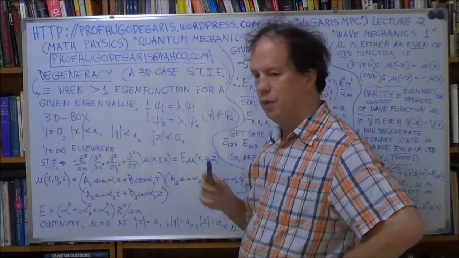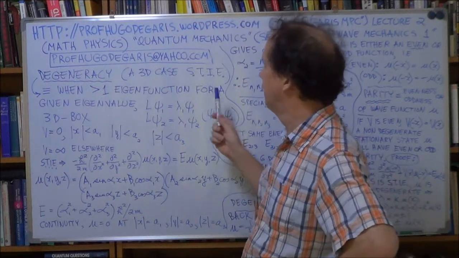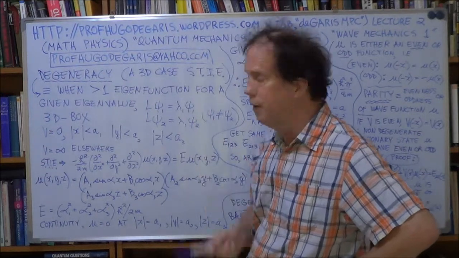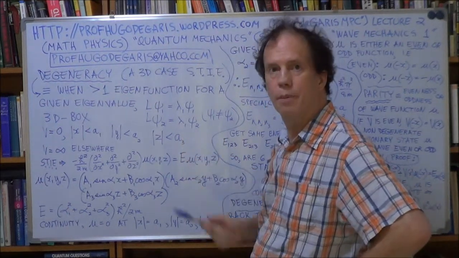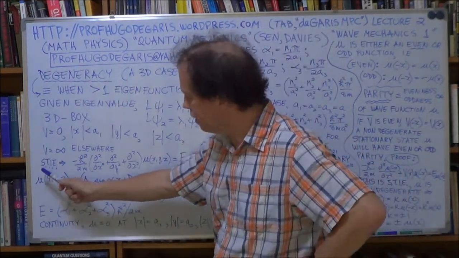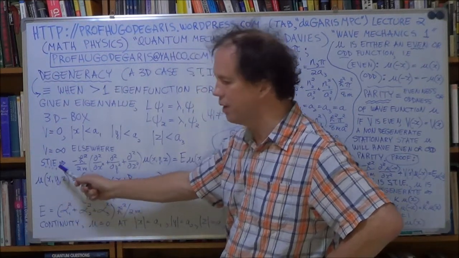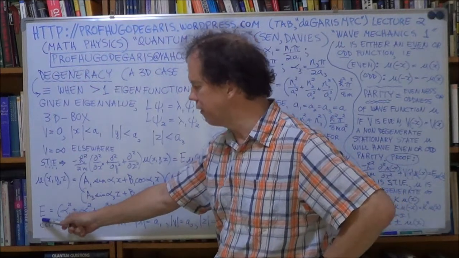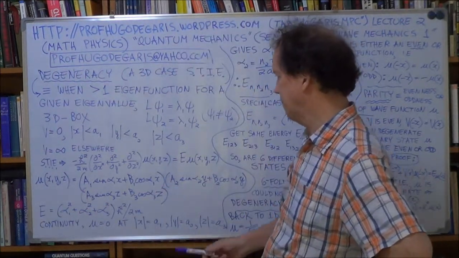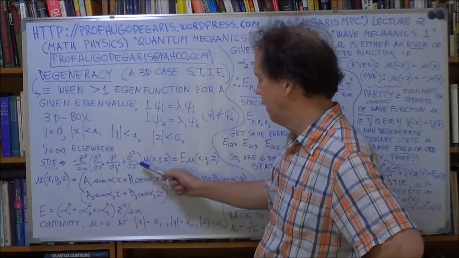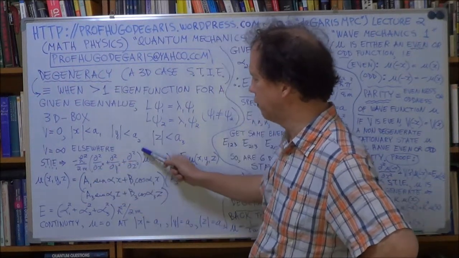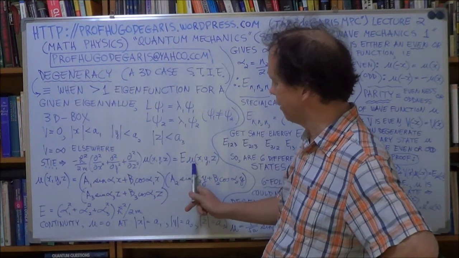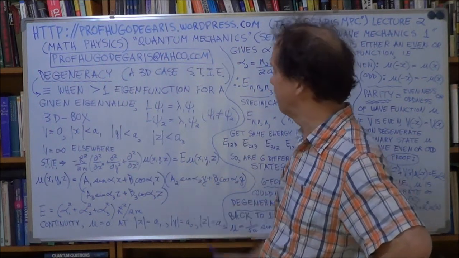Degeneracy occurs when you have 2 eigenfunctions or more that have the same eigenvalue. Now, in the case of the STI, the Schrödinger time-independent equation, your eigenvalue, remember, is the energy, right? Yeah, that's your eigenvalue. So, like here's your operator L, your differential operator L. Here's your eigenfunction, that's your eigenvalue, and there's your eigenfunction again, right?